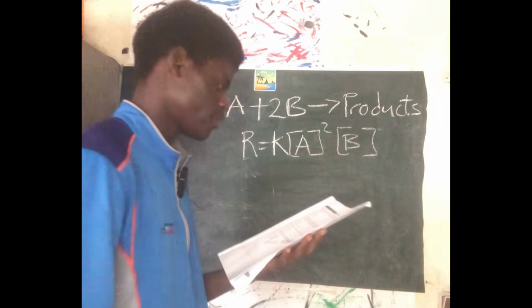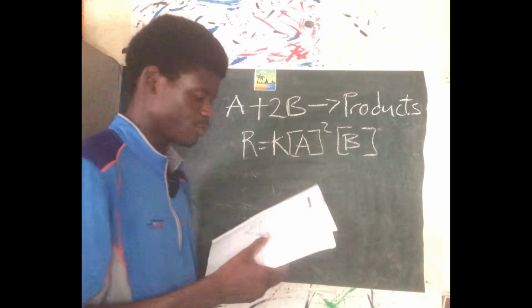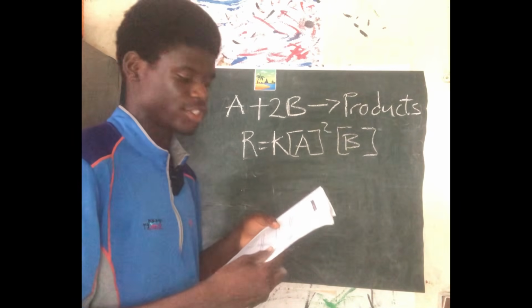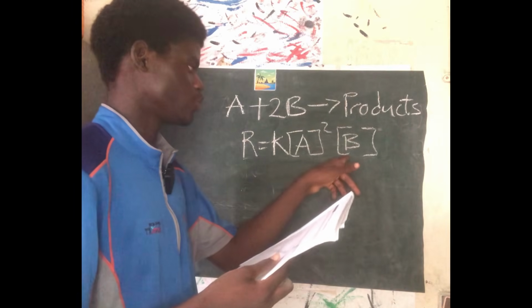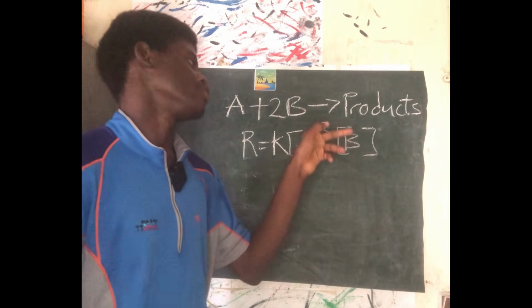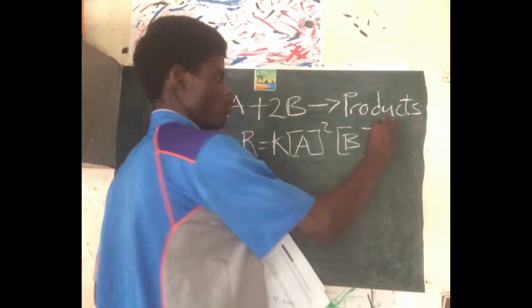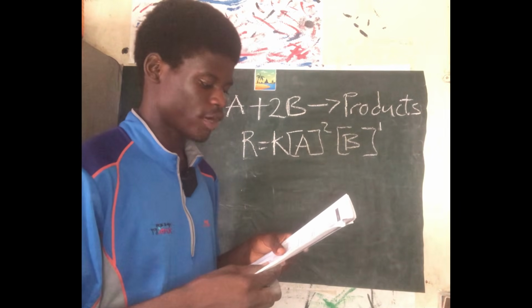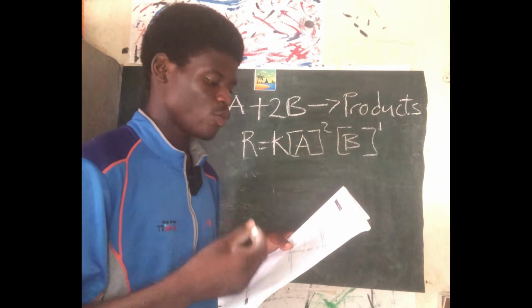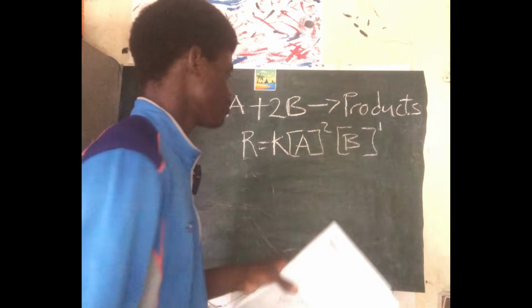So question number 11, they said the reaction A plus 2B gives product was found to follow the rate law R is equal to k[A]^2[B]. So A is second order, and B is first order, because this one is raised to power 1. Next you should predict by what factor the rate of reaction will increase when the concentration of A is doubled and the concentration of B is tripled.